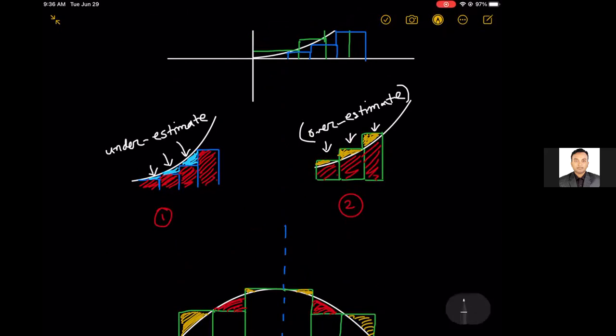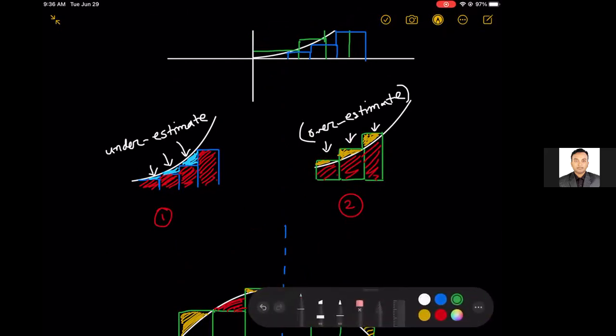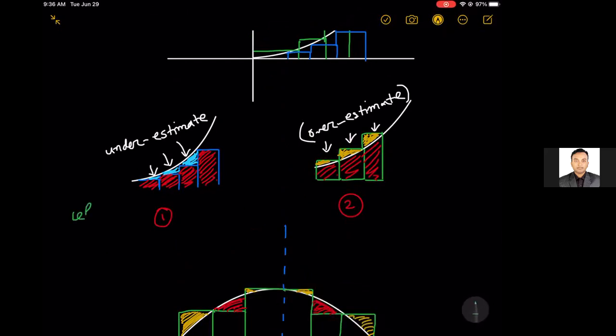So if we have a scenario like this, we call this a left Riemann sum, or in short, a left sum, because we'll be starting from the very left point of the interval.